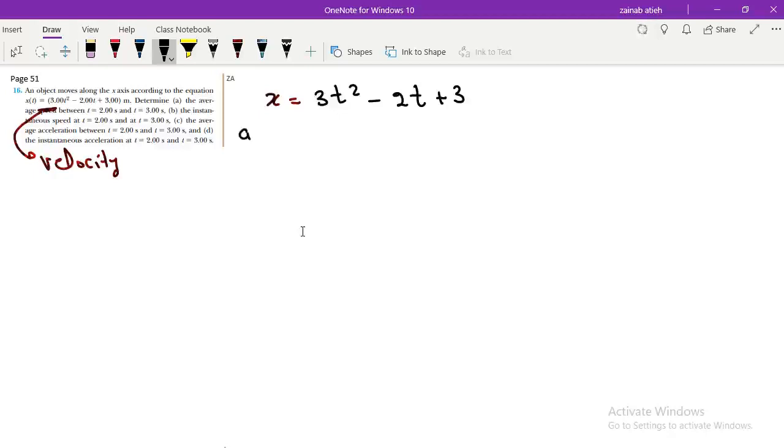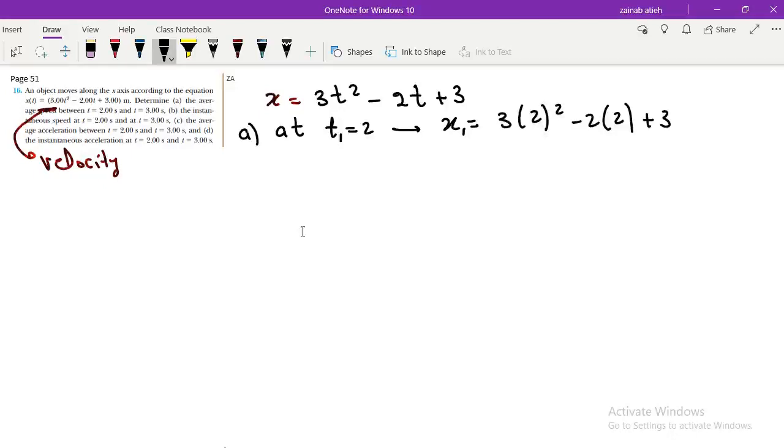This is part A. To find the average velocity, we find delta x, meaning x2 minus x1. Let's find x at 2 and x at 3. At t equals 2, let me call it t1, we will get x1, which is 3 times 2 squared minus 2 times 2 plus 3.